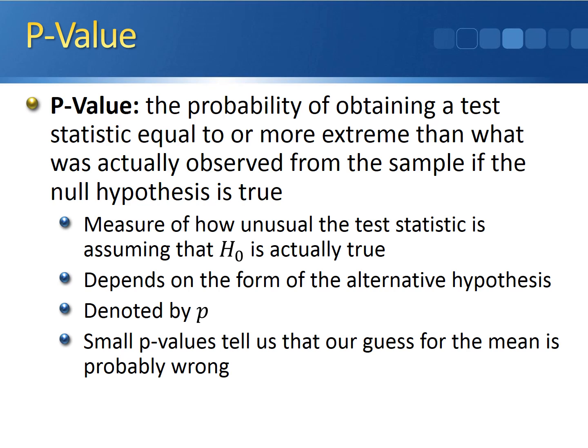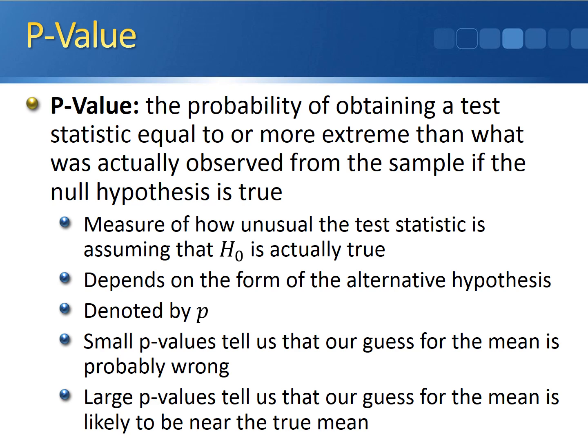A small p-value tells us that our sample mean was unusually far from the hypothesized mean. So either we got a bad sample, or our guess for the true population mean is wrong. So small p-values are an indication that our guess for the mean is probably wrong. On the other hand, a large p-value tells us that our guess for the mean is likely to be relatively close to the true population mean.